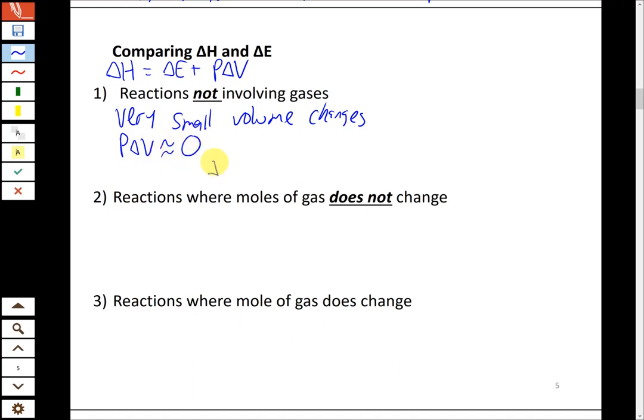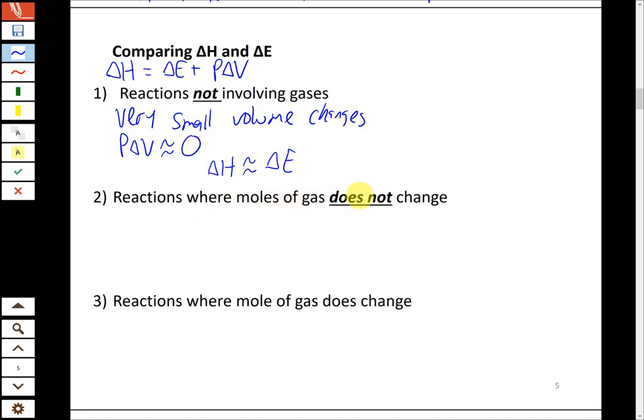And that means in this situation, because this goes to 0, delta H is practically the same as delta E. Within the error of the measurement, they would be identical most likely. So in many situations, even though it's technically defined differently and you're measuring it just as the heat term, in reality, delta H and delta E are very close to each other in terms of their magnitude, in terms of what they tell you.